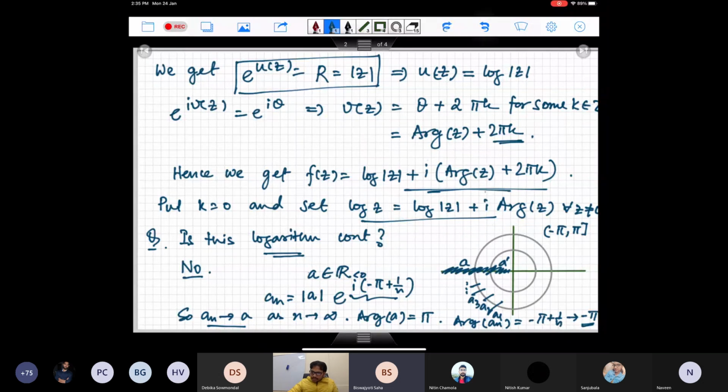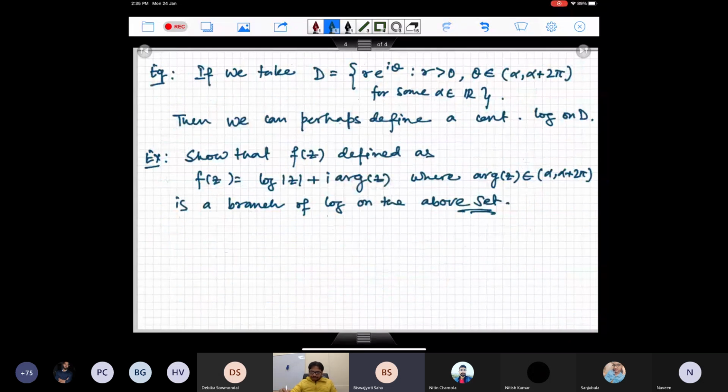So in that set, this logarithm is going to be continuous. That is something I am leaving for you to show. It's just a matter of showing that the argument is going to be continuous at all those points.